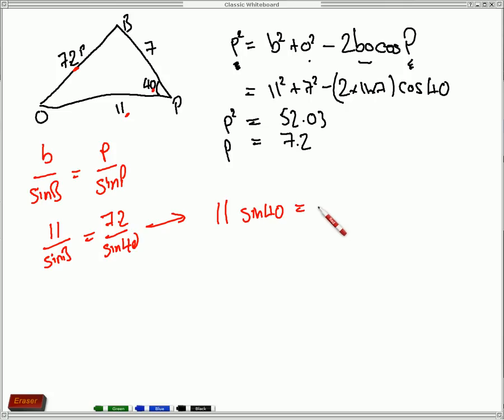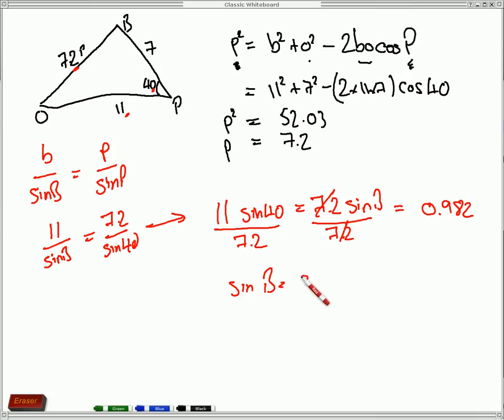11 sine 40 equals 7.2 sine b. Divide both sides by 7.2. 7.2 there, 7.2 there. Those two cancel out, so 11 sine 40 over 7.2 is equal to sine b. Put those numbers in there and I get 0.982. So write it out here again.